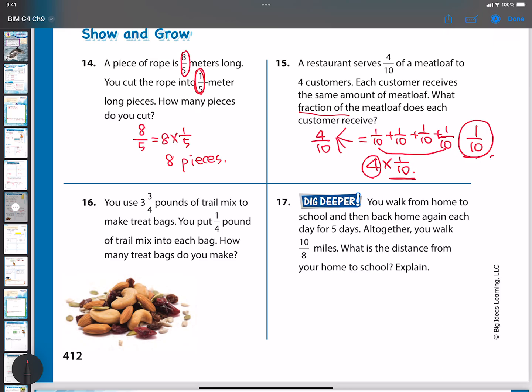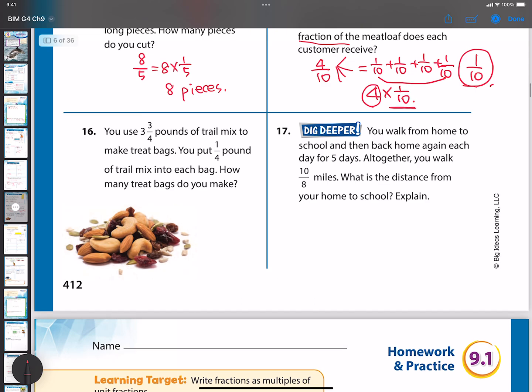Okay? Number 16. You use 3 3/4 pounds of trail mix to make treat bags. You put 1/4 pound of trail mix into each bag. How many treat bags do you make? All you need to do is convert this mixed number into an improper fraction.